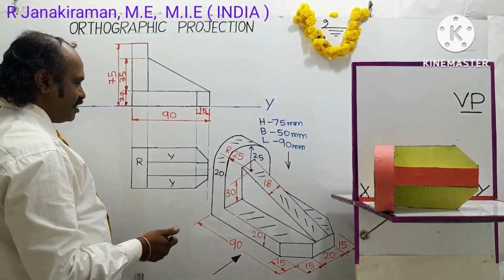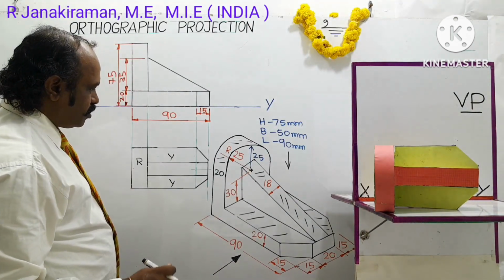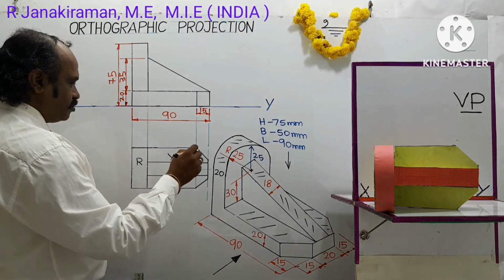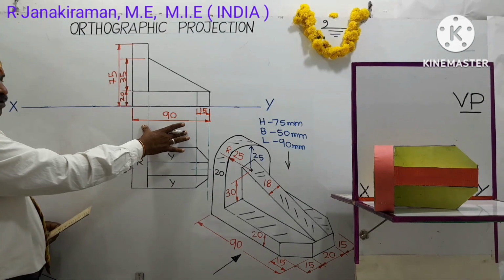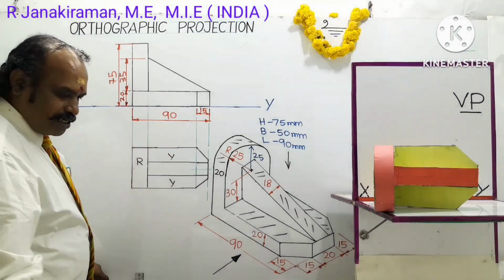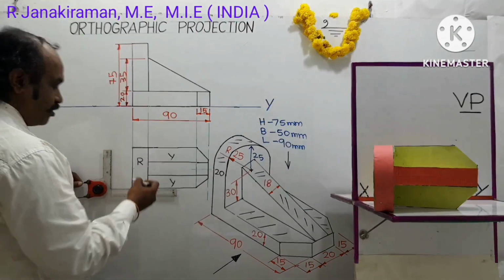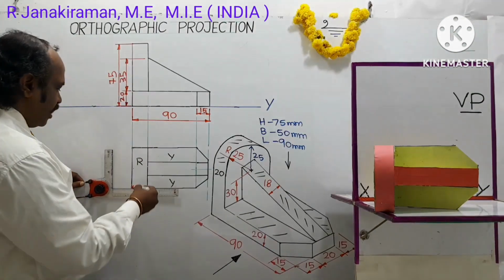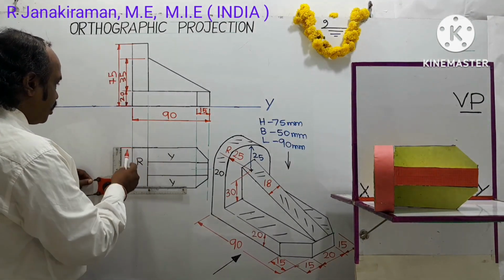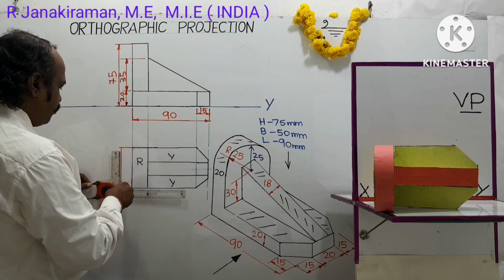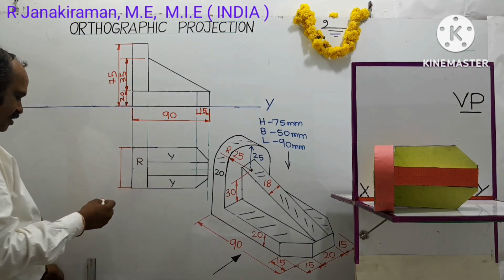So let us dimension this. The length will be the same as the front view length. You need not repeat the dimension. So let me mark the breadth of the object. This is calculated as 50 mm, taken from the diagram. Draw a dimension line parallel to this vertical edge.